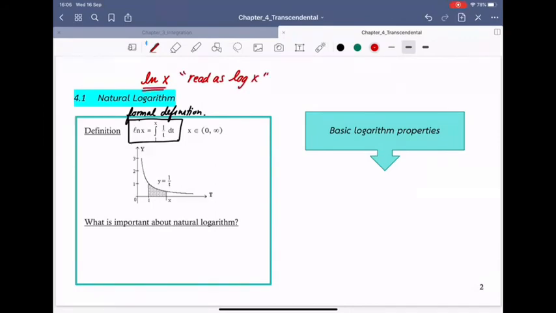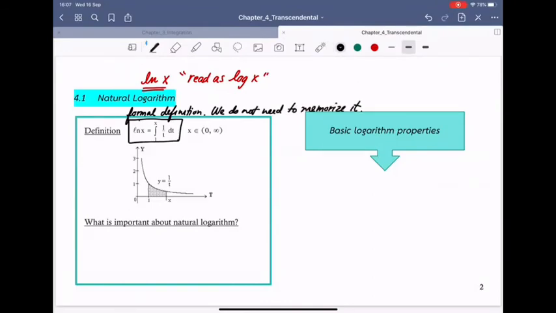Does it make sense? I don't know how you learned in high school, but everyone in this world, maybe except Thai people, reads this notation as log x. And this is a formal definition for log x, and we do not need to memorize it.